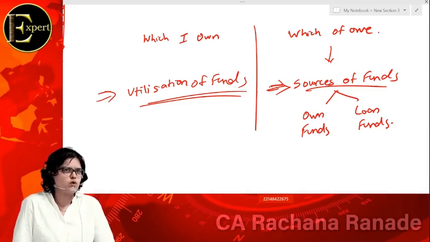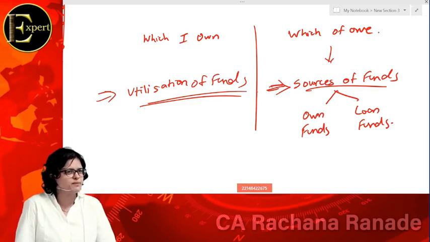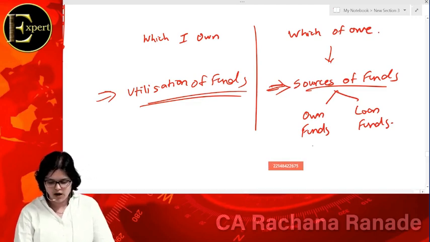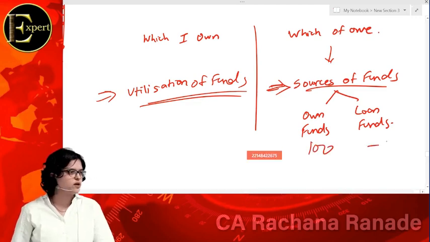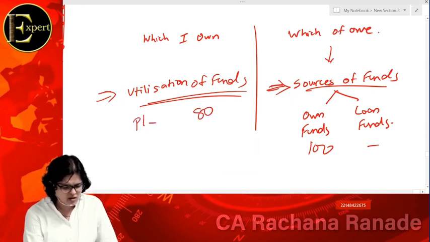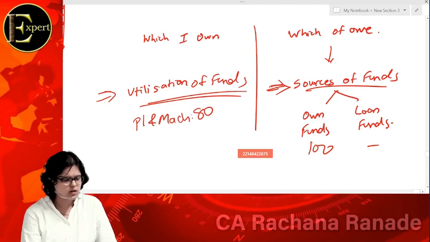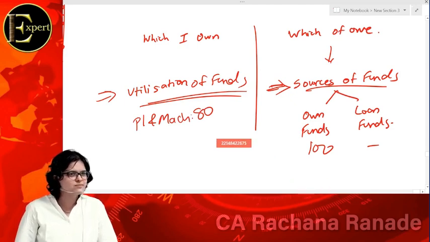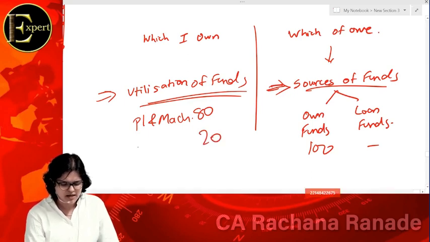You might say, madam, but if you borrowed 100, so now let us take simple mathematical examples. I borrowed 100 from my shareholders, assume debt-free company, and I invested only 80 rupees in plant and machinery. Where is it telling? No, 20 is remaining. Exactly, remaining 20 is what? Cash and cash equivalent.